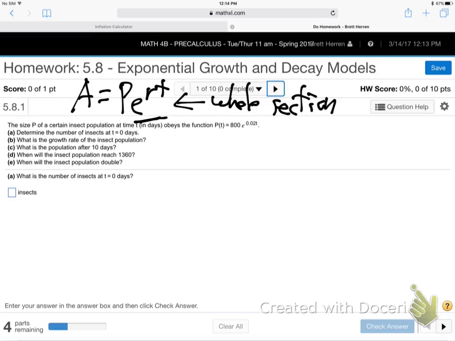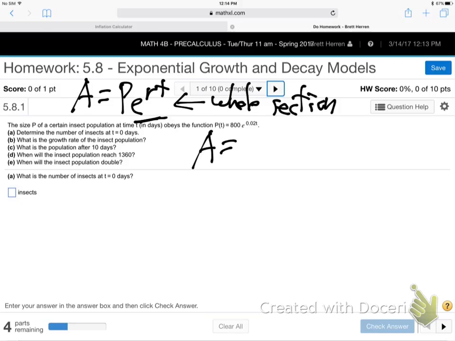It's like money being continuously compounded. So whenever you have bacteria in the petri dish and they're growing, or the population's decaying, or the amount of a radioactive substance is decaying, all those kind of things, it's all PERT. It's all continuous growth or continuous decay. So we will not use the other formula, 1 plus r over n, in this section at all. It's all PERT.